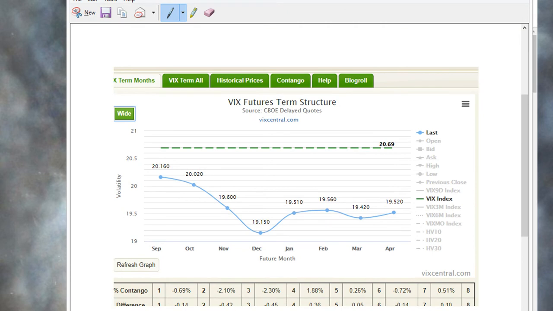And I can illustrate that here. These futures would like to just arrange themselves back into that perfect contango shape if at all they could. And if we were to just sit here at 2069 spot for like a month, the futures would arrange themselves above it again, because it makes sense that the second month future is a higher price than the first month future, because over time there's more chance of volatility over a 2-month period than over a 1-month period.